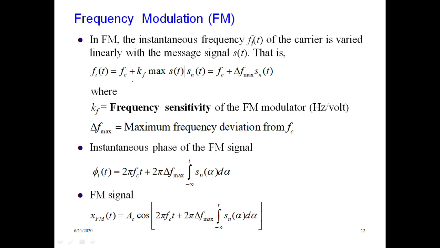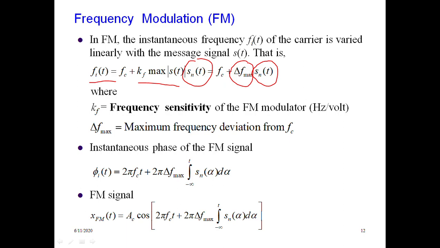Remember, not the amplitude anymore, but the frequency. The instantaneous frequency will be f_c, the carrier, plus k_f, the maximum of s(t), multiplied by the normalized signal. Just like PM, FM has the maximum s(t) multiplied by the frequency sensitivity and also the normalized signal.